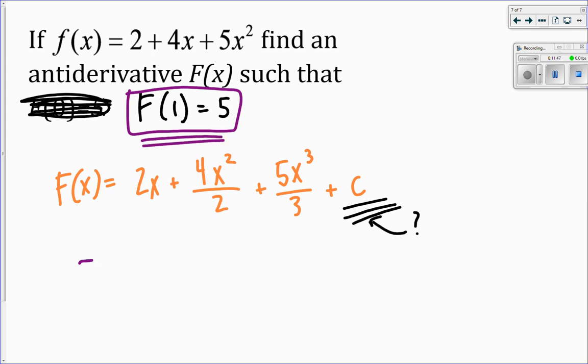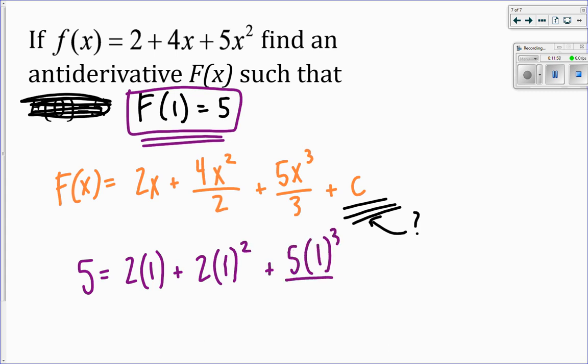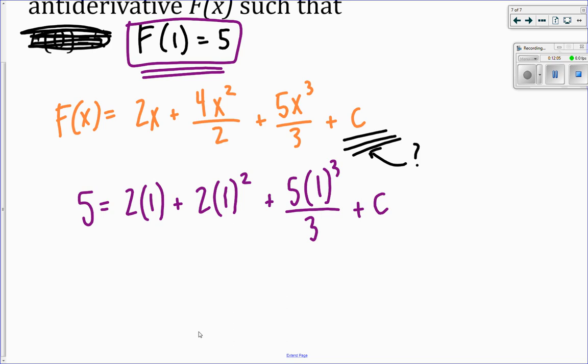So what do I do? I use this information in my formula here. I really would put 5 is equal to 2 times 1 plus, I'm going to simplify this, so 2 times 1 squared plus 5 times 1 cubed all over 3 plus c, and my goal is to solve for c. 2 times 1 is 2 plus 2 plus 5/3 plus c. It's all equal to 5.